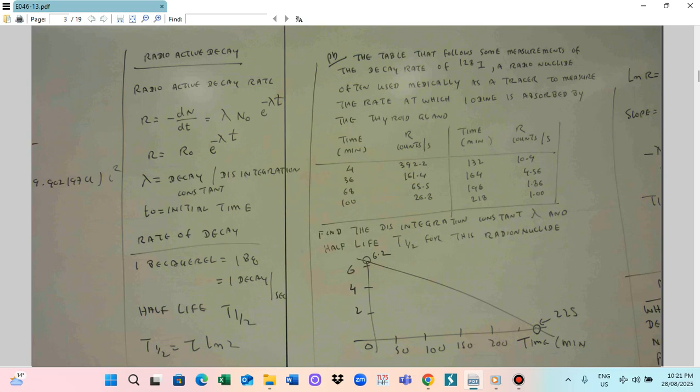So the decay constant is lambda, and t is the time, starting from the initial time.